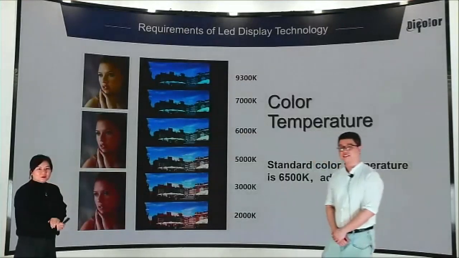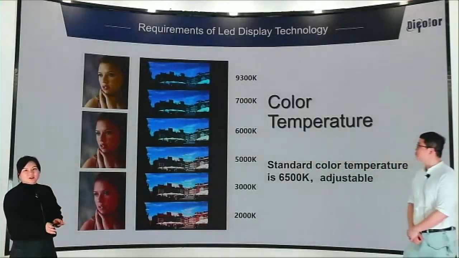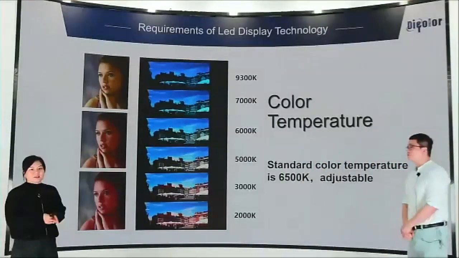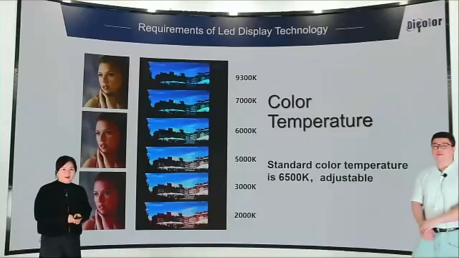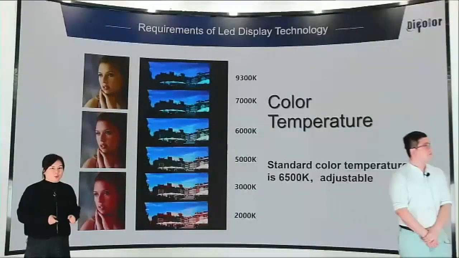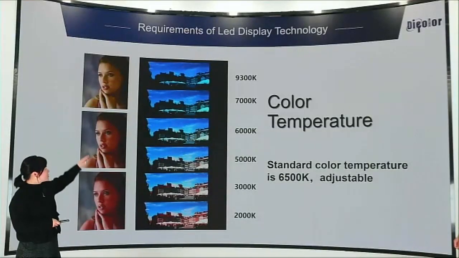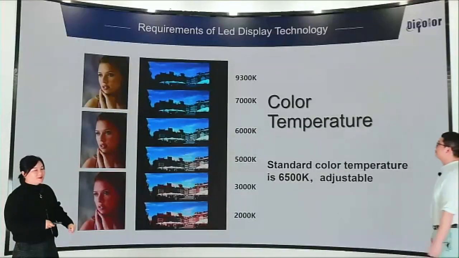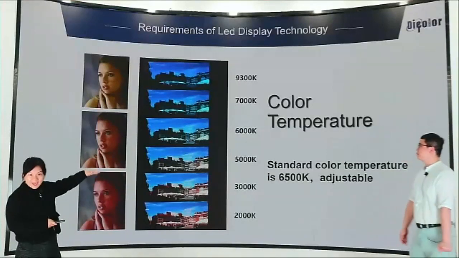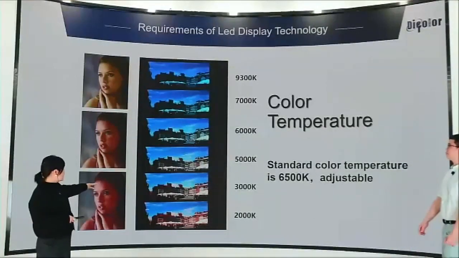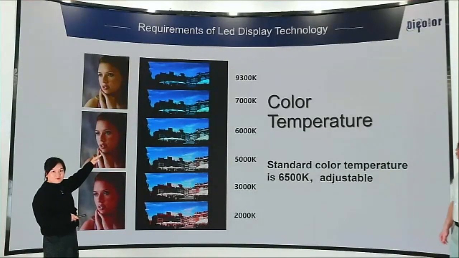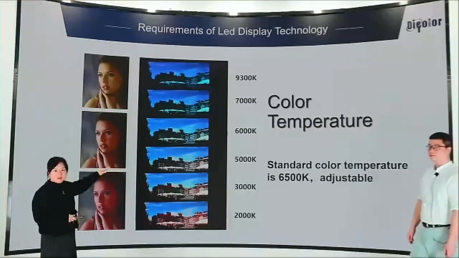Here comes the color temperature. So standard color temperature is 6,500 K. Of course, it's adjustable. So it ranges from 2,000 K up to 9,300 K. And at different K levels, you can see the photos or the videos effect is a little bit different.